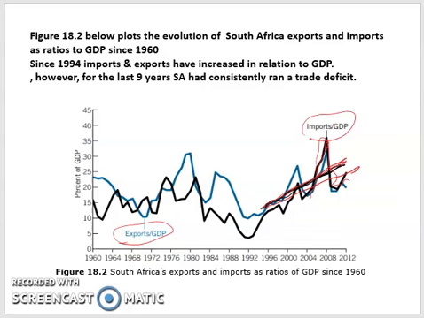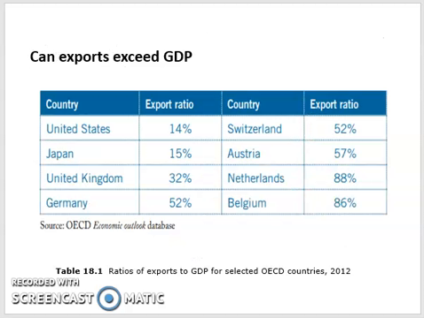So with an export ratio around 28% of GDP, it is true that South Africa's ratio is in line with the average ratio of exports to GDP among the richest countries in the world. Table 18.1 here gives the ratios of a number of OECD countries. We can see that the United States and Japan are at the low end of the range of export ratios, with 14 and 15% respectively.